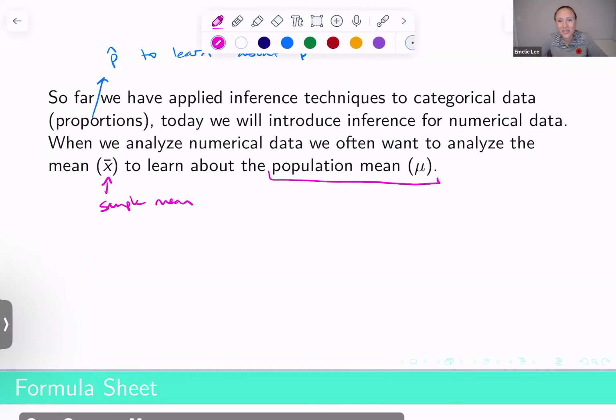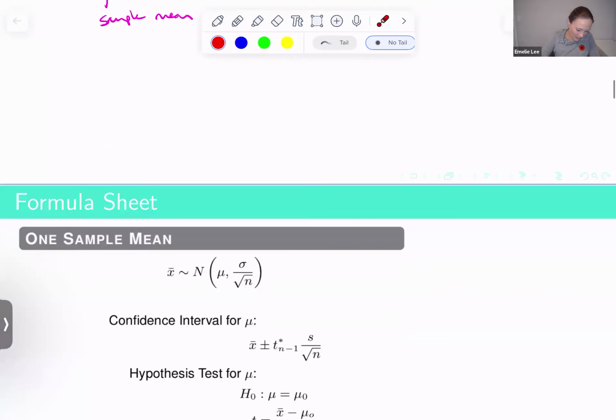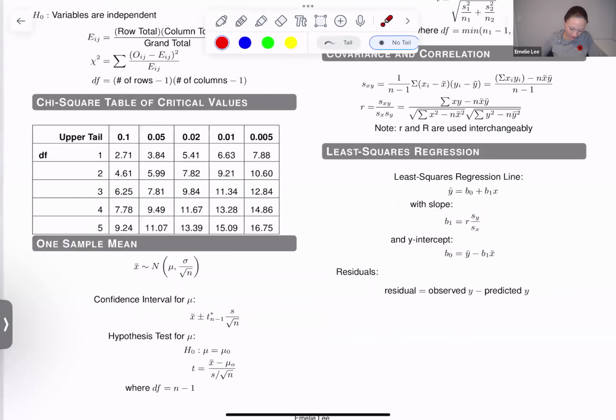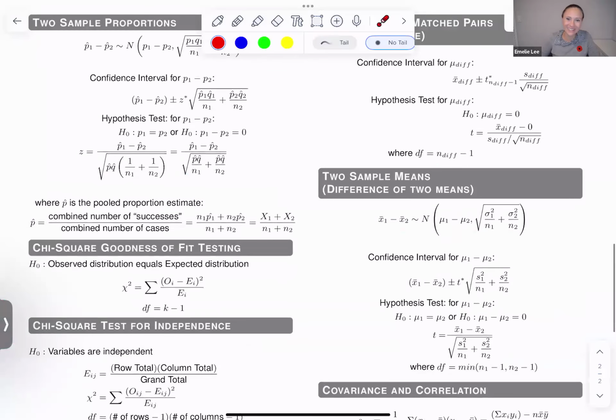Just like we've done before, I want to show you the formula sheet and talk about everything on it, which is basically giving it all away. I know, but that's how I want you to see your formula sheet. It just gives everything away. If I go back to the full formula sheet, I did kind of pre-bake our notes.